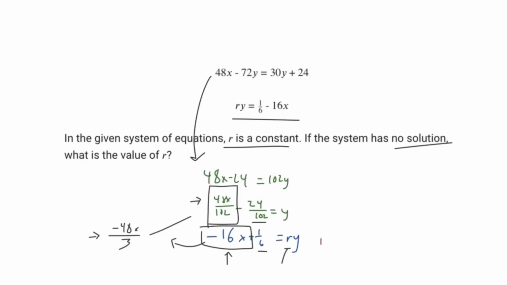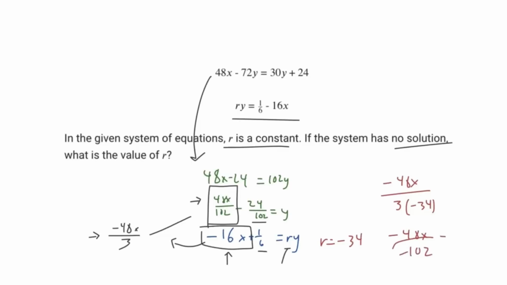So let's just go right through. If we set r equal to negative 34, let's see what happens. We get negative 48x divided by 3. We're going to divide everything by negative 34, and that's the same thing as multiplying the denominator here by negative 34. So we'll get negative 48x over 3 times negative 34, which is negative 102.